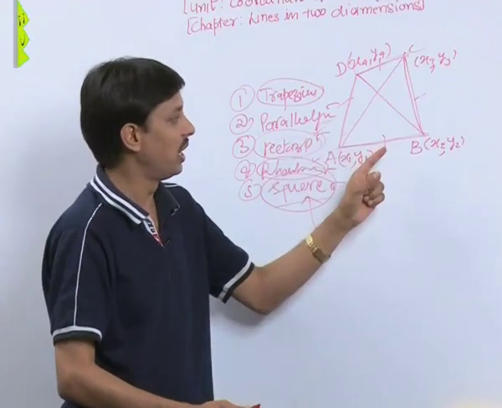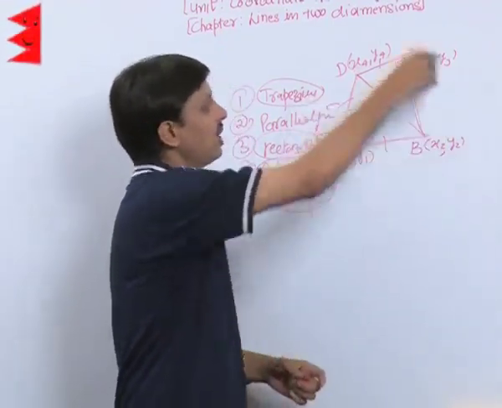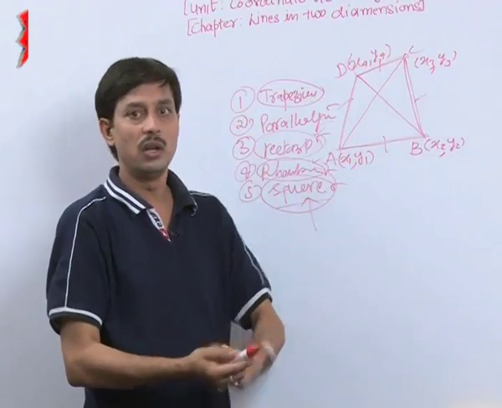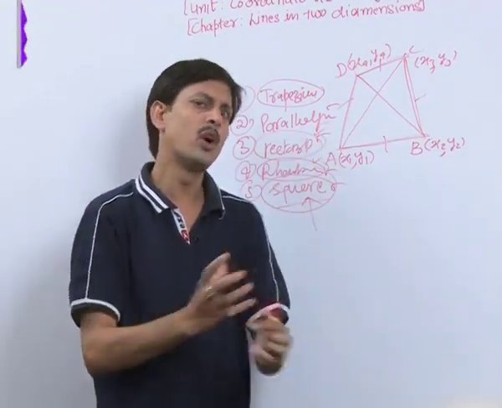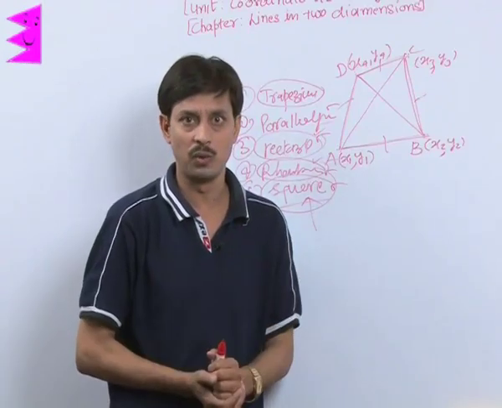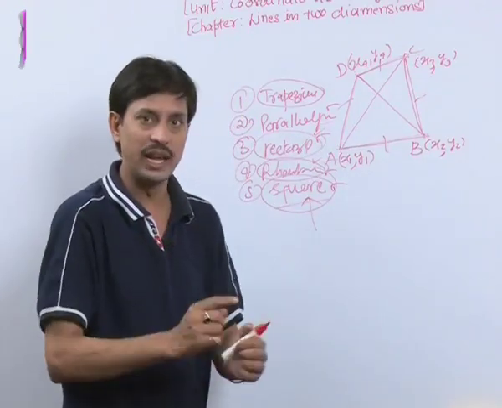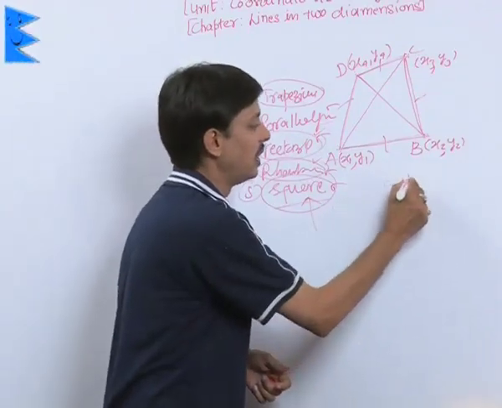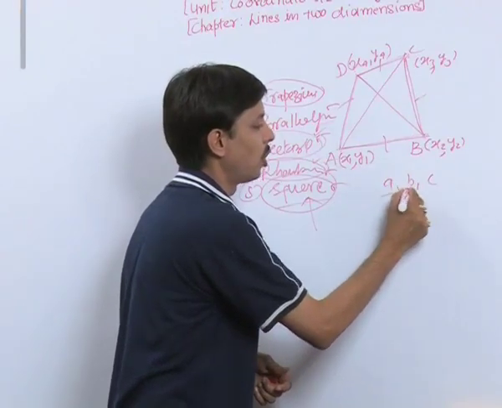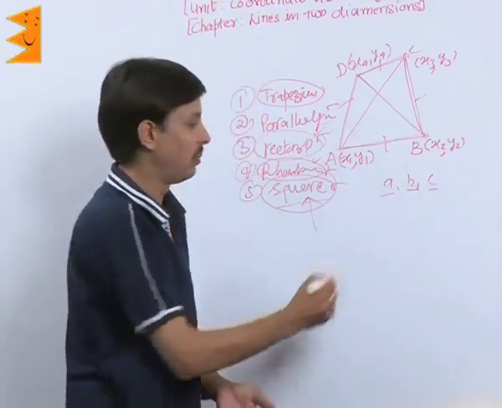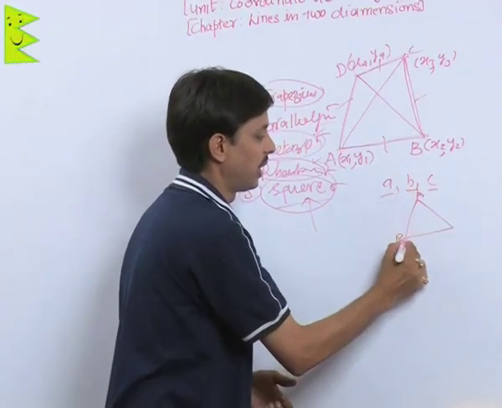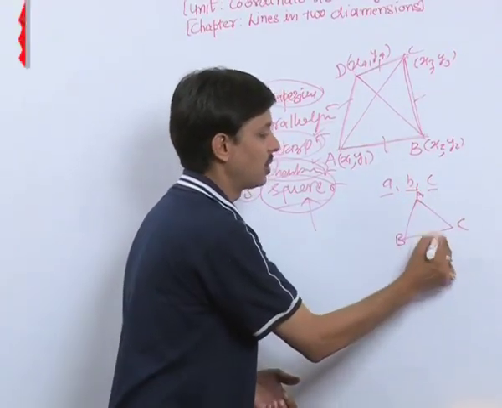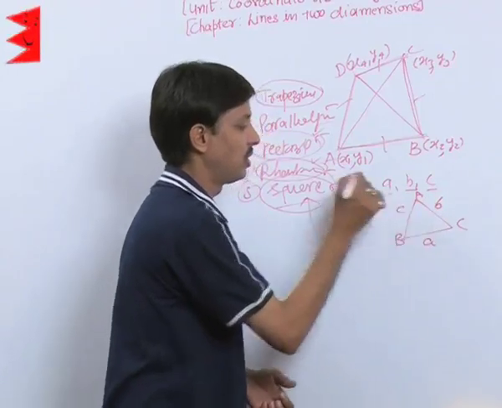How can the area of any quadrilateral or triangle be obtained? We all are aware of Heron's formula. If we have the three lengths a, b, c of the sides of a triangle, they can be calculated using the distance formula. Suppose this is a triangle ABC, this length is a, this length is b, and this length is c.